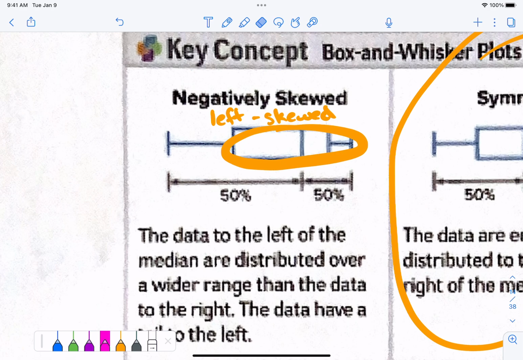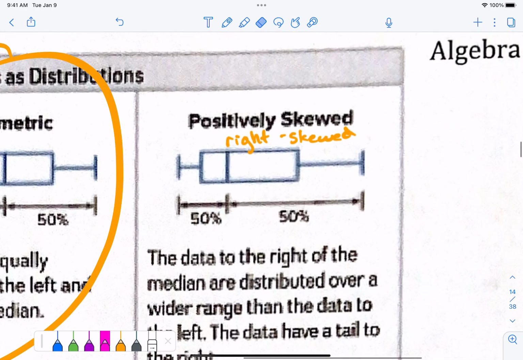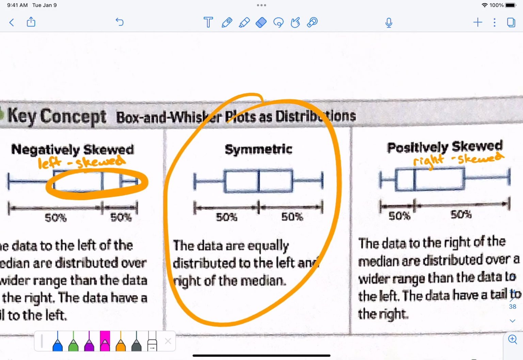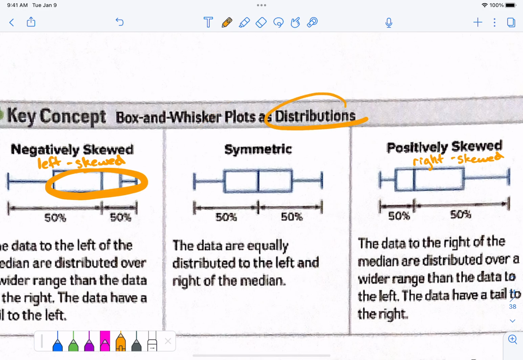Negatively or left skewed is everything's on the right side. Positively or right skewed is when your box and the majority of your data is on the left side. Make sense? Not really, that's just how it works. So that is talking about how everything is distributed. That is the distribution, is what they call it.